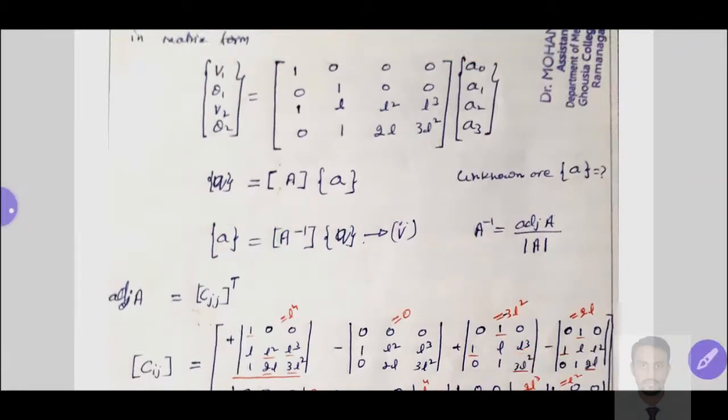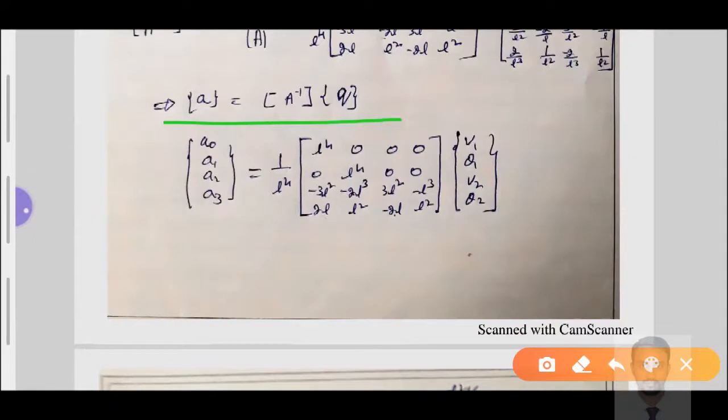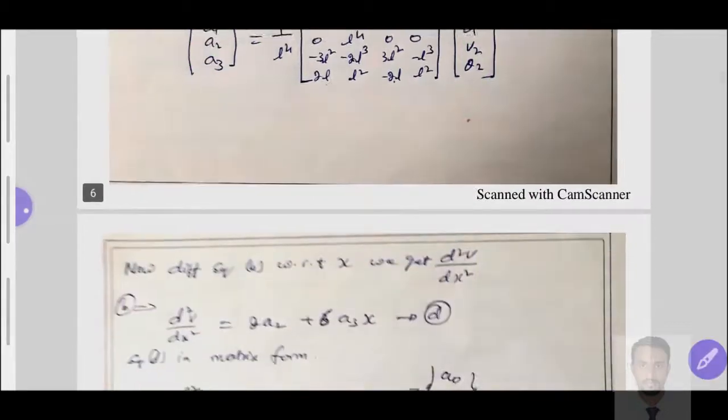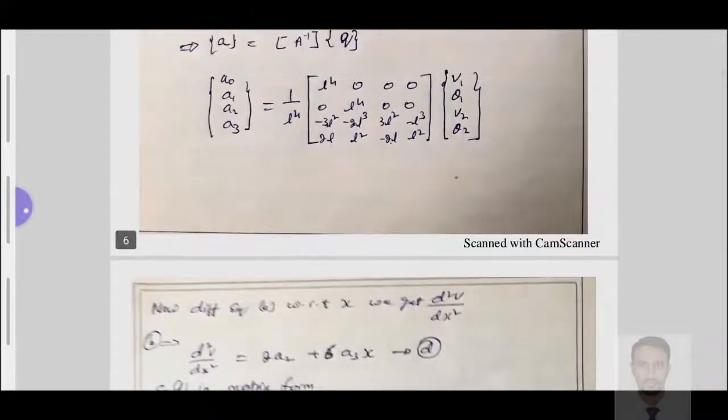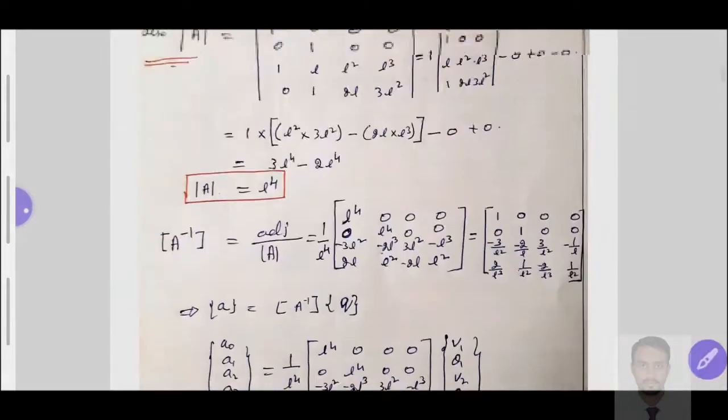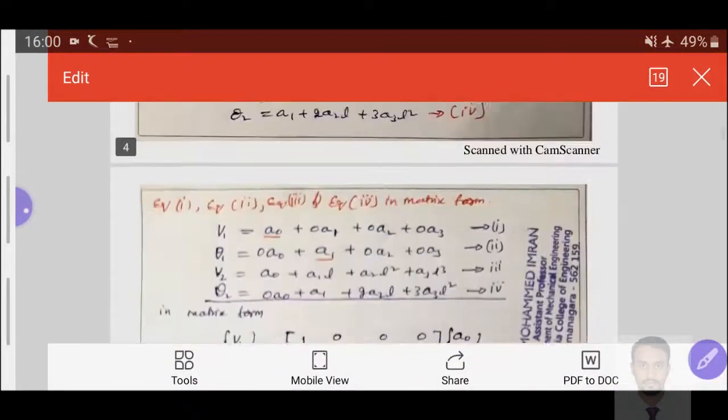Then phi becomes A0, A1, A2, A3, equal to 1 by L power 4 into the inverse matrix, into V. Q means V1, theta 1, V2, theta 2. This is V1, theta 1 at node number 1, V2, theta 2 at node number 2. So we have found A0, A1, A2 and A3 based on the characteristics.